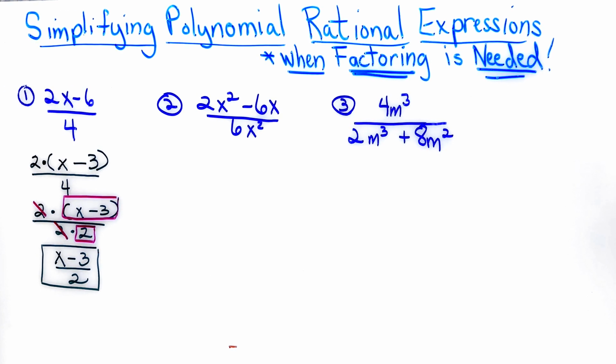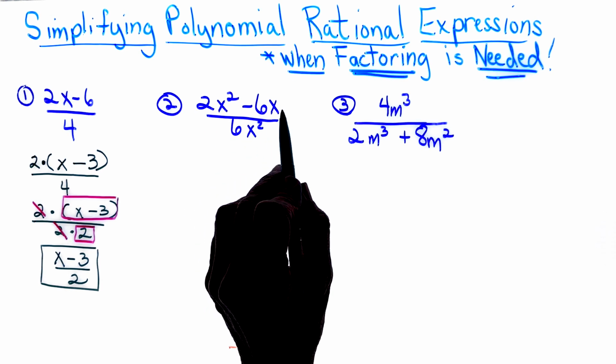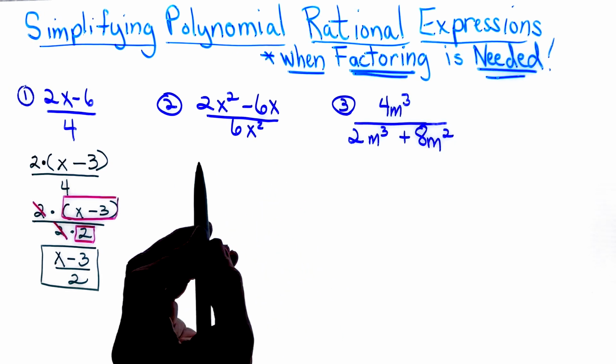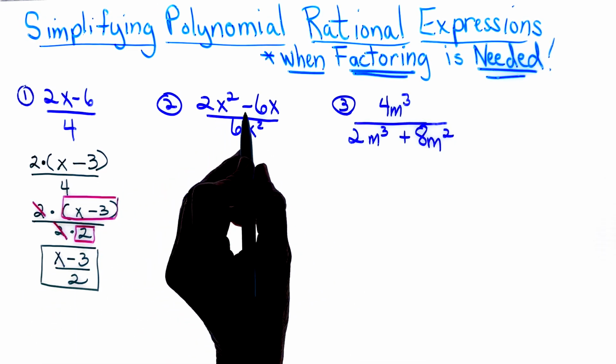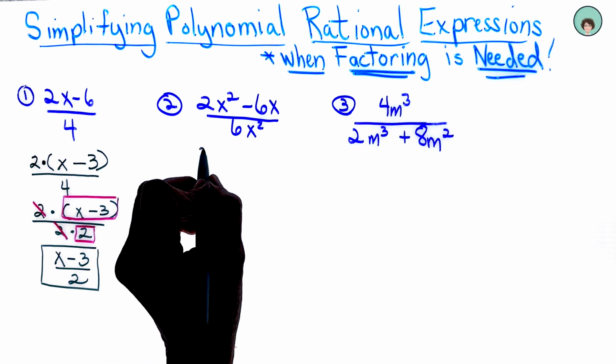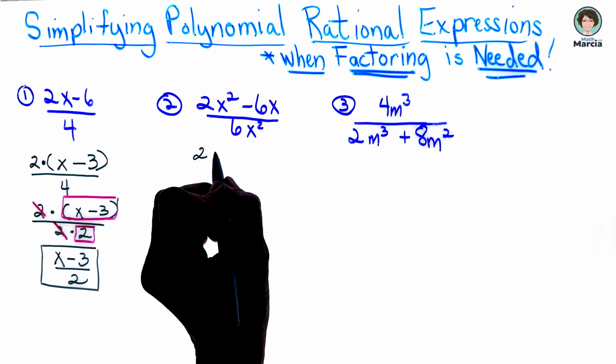All right, so let's look at the next one. I see that I have 2x squared minus 6x over 6x squared. I see that the coefficients have a 2 in common, so I will put that 2 out there. And they also have an x in common.